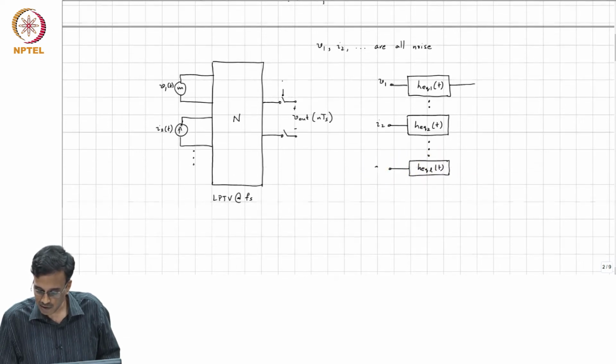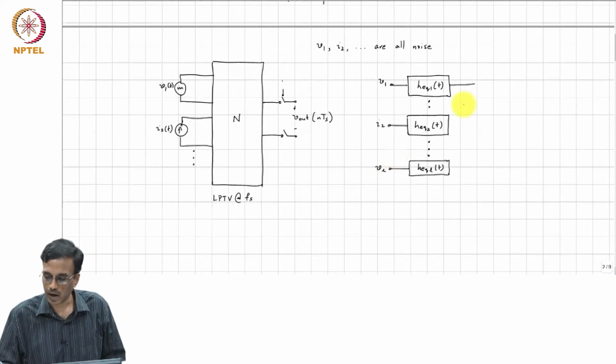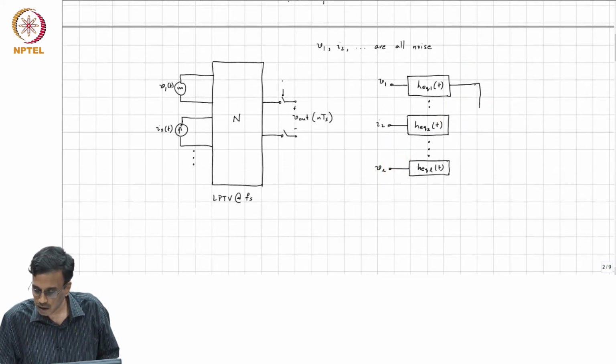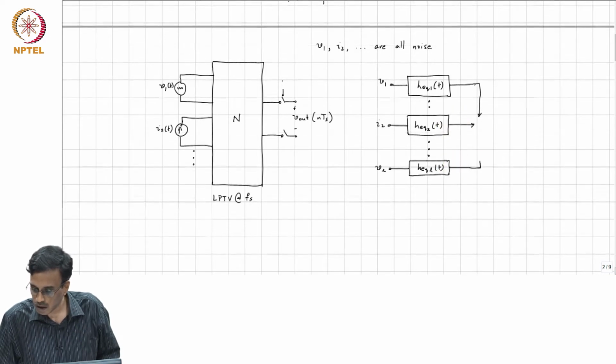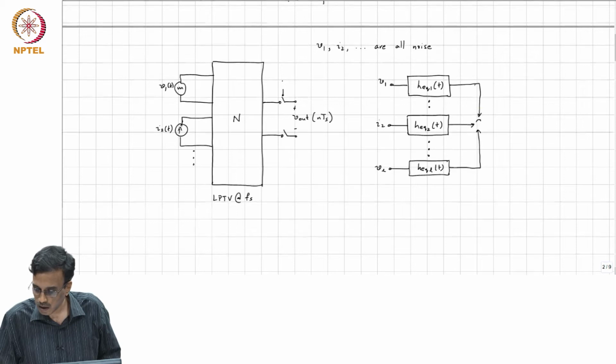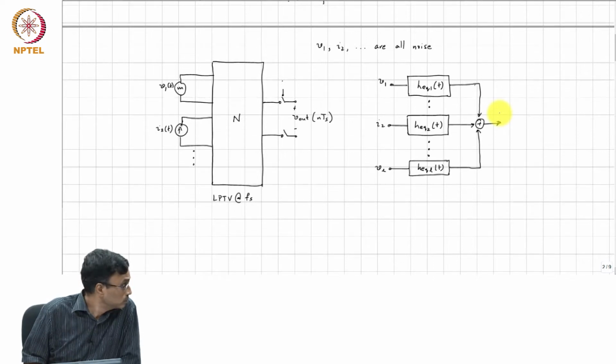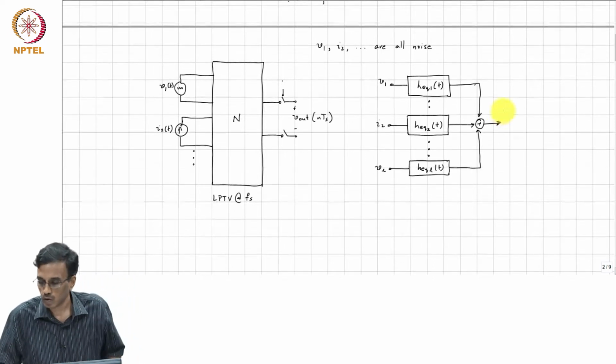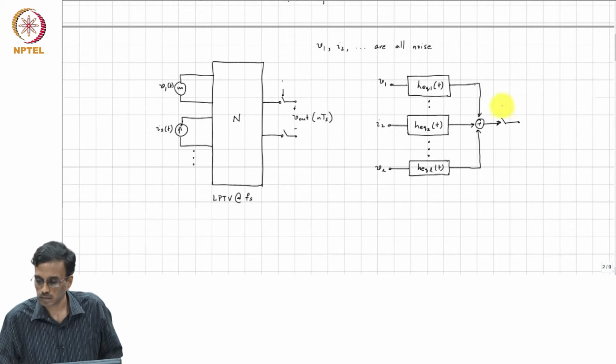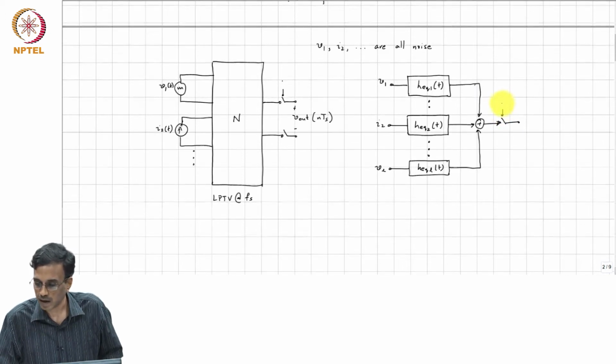So, there are multiple input sources, you have multiple filters, and you sample the output at Fs.